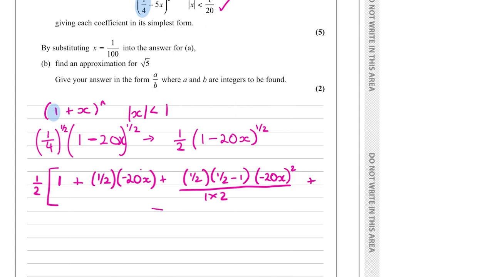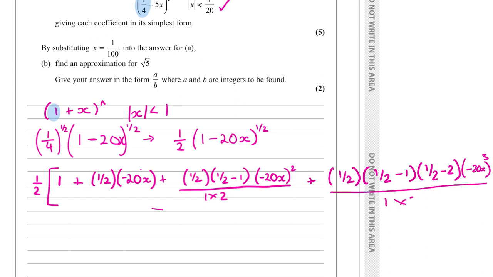Now what's the next one? A half, then a half minus 1 and a half minus 2, then minus 20x all cubed, all divided by 1 times 2 times 3. Okay, so those are the first 4 terms.